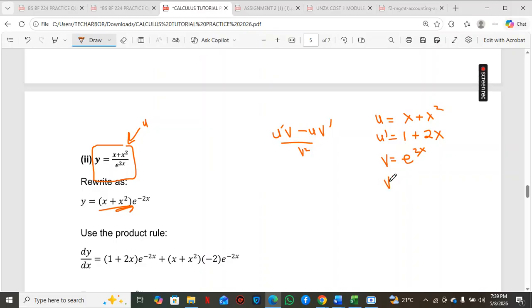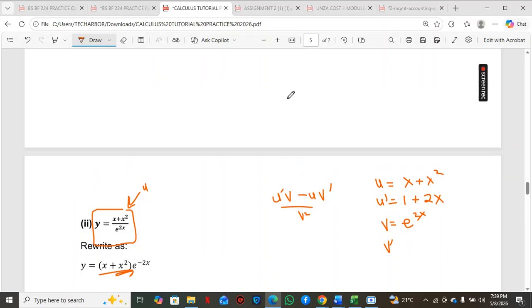V prime, so remember, whenever you're deriving Euler's number, e to the power x equals e to the x times x prime. That's how you derive e. Yesterday I wrote it like this. I just want you to be comfortable with the different letters, or e to the power u multiplied by u prime.